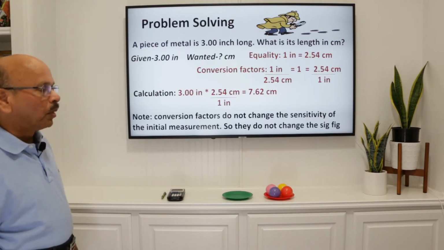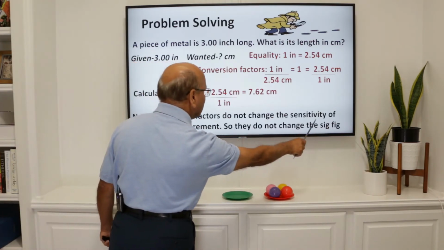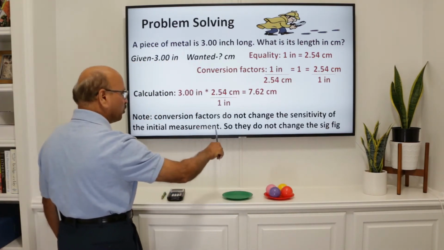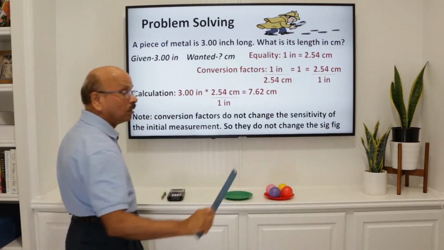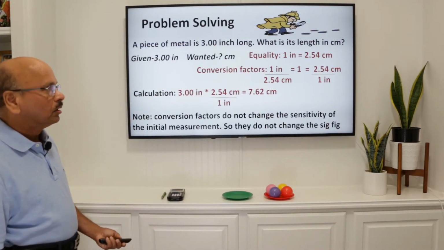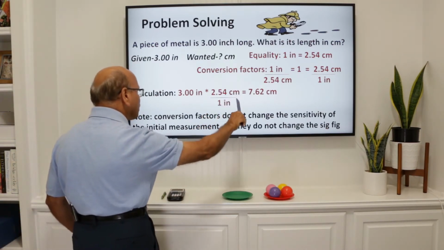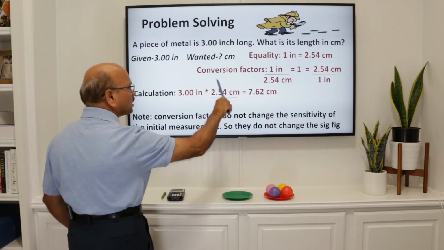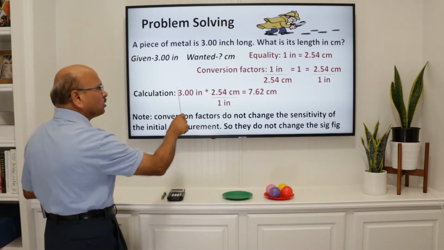And one more thing you have to remember. Conversion factors do not change the sensitivity of the initial measurement. So they do not change the sig figs of the calculation. That means the 2.54 and the 1 inch, which is the conversion factor part, say nothing about the significant figures of the initial measurement.